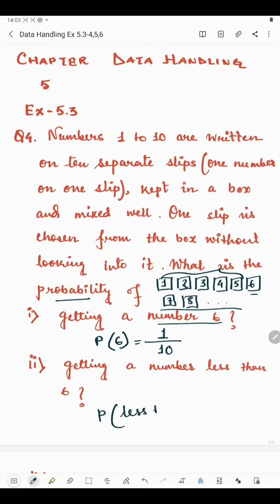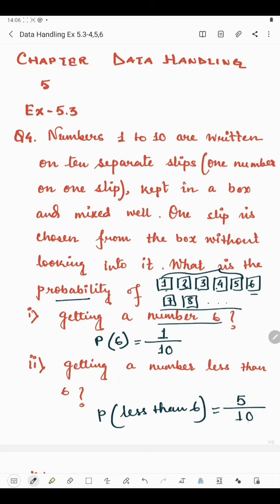The total number of slips is 10, which we will write in the denominator as the total possible outcomes. And how many slips are there which are less than 6? 1, 2, 3, 4, 5. 5 slips are there which are less than 6, right? So the probability of getting a number less than 6 will be 5 by 10.